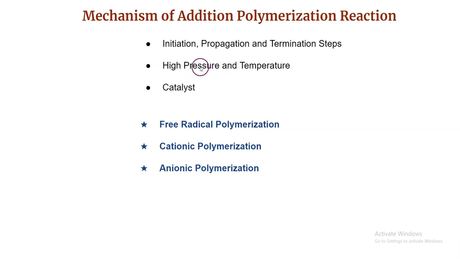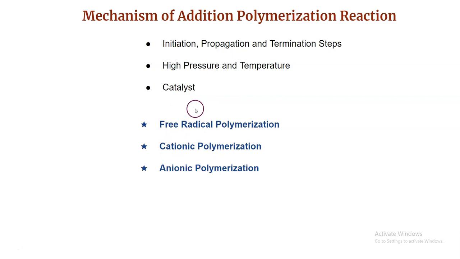That's where the pressure comes in. You also need to increase the temperature to activate these molecules and get the reaction going, and you need a catalyst. This could be an organic catalyst, and a lot of the time a metal catalyst. We don't need the details, but you can research the different kinds of catalysts used for addition polymerization yourself, okay? So these are some of the requirements.